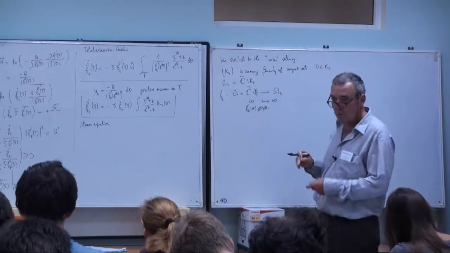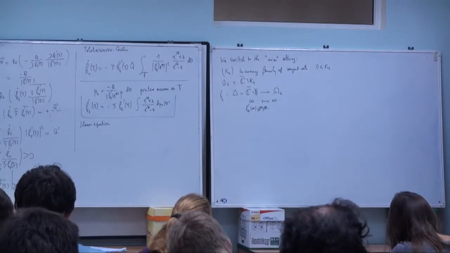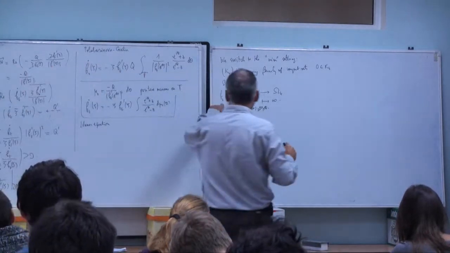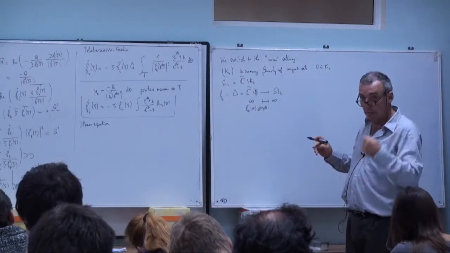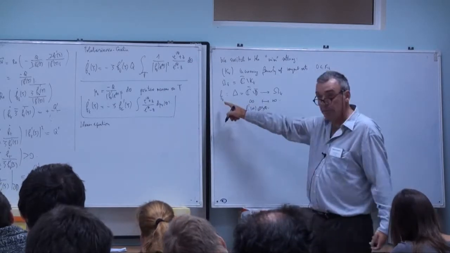Okay, so what do I mean by ft prime at infinity? Well, you have a map here. So this map has a Laurent expansion. This Laurent expansion has only one term of positive degree because it must be injective.